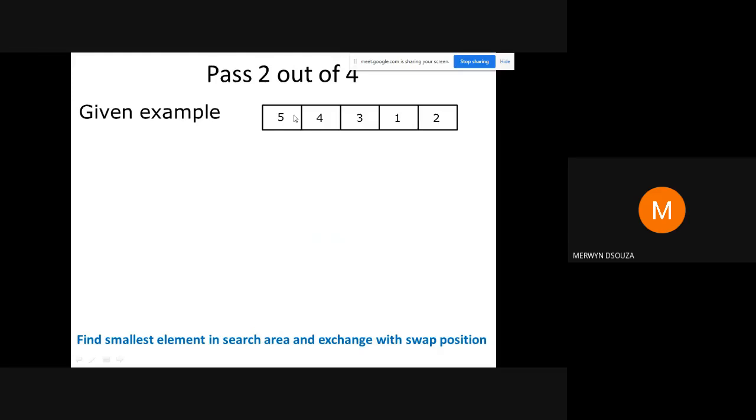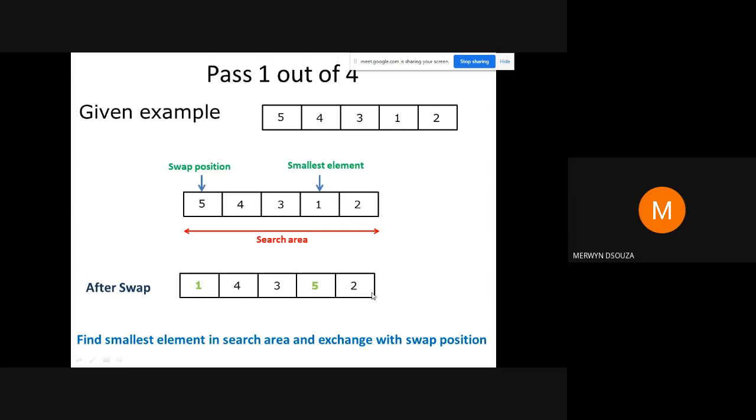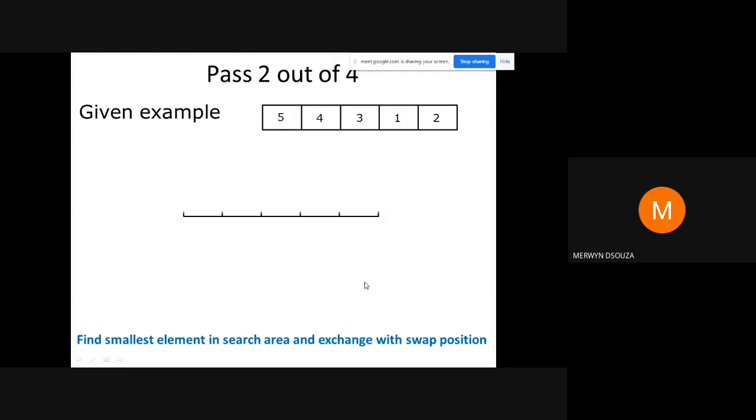This is the given example, and this is the output of the first pass. We are not taking the given example, we are taking this output of the first pass as the input for the second pass.